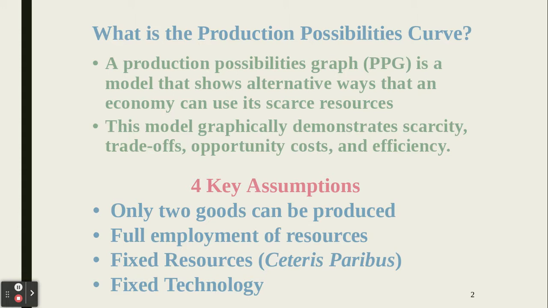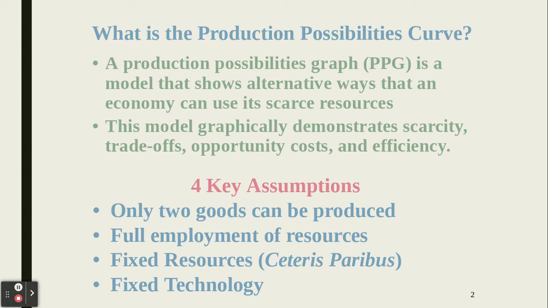We also have to assume that full employment of resources is being used. That means all the resources are being used efficiently, to the maximum of their ability. Everything's operating as it should. Okay. The other two are fixed resources and fixed technology. Meaning the number of workers, the quality of goods, the quality of the technology that we're using, all of those things have to be fixed, kind of frozen in time.